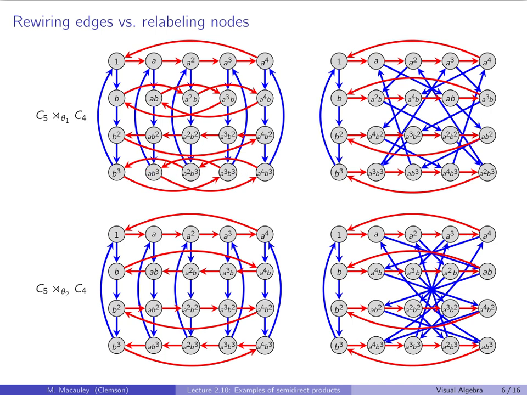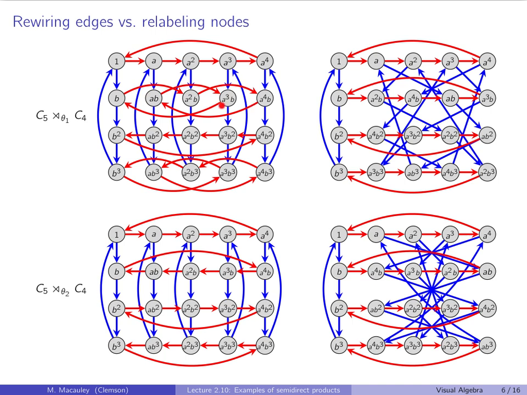Instead, if we were to force that all of these edges have these 5 cycles, that is, if we fix the position of the edges, in other words, we say the first node is going to be B, then we have A squared B in the second column, and A to the 4th B in the third column, then AB, and then A cubed B, like this, then we will get a 5 cycle of red edges here, but it's going to tangle these blue edges.